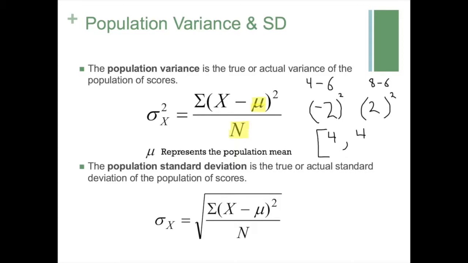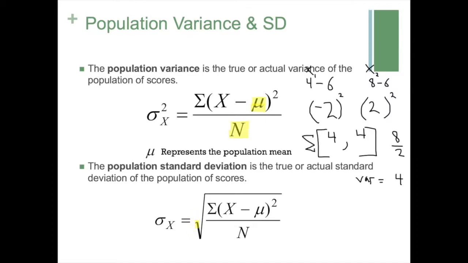And then this gives us 2 scores that we are then going to sum up. 4 plus 4 is 8. We're dividing by n. In this case, I've only looked at 2 scores, x1 and x2. So we get 8 over 2, giving us a variance, at least in this little toy example here, of 4. So that's an example of a very simple variance calculation.